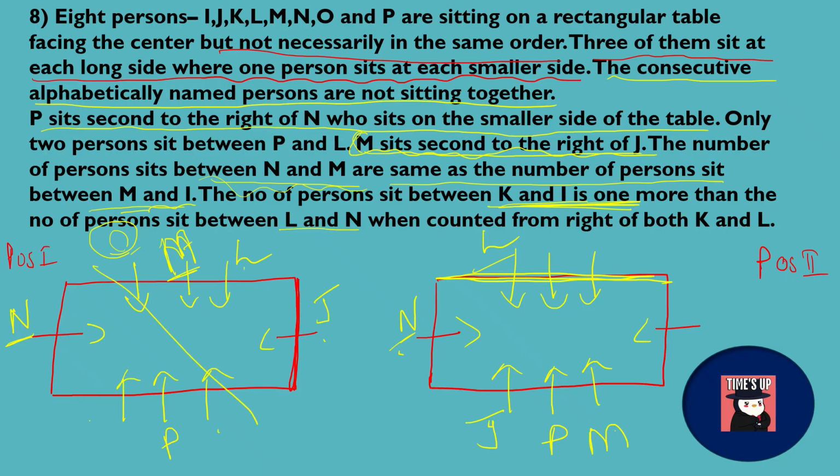So this possibility becomes wrong. Come to the second possibility. Between N and M, how many persons do we have? 1, 2 persons in the second possibility. The same number of persons should sit between M and I. So 1, 2, I will be placed here.